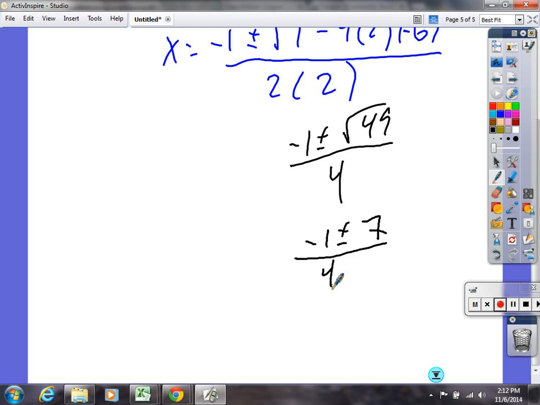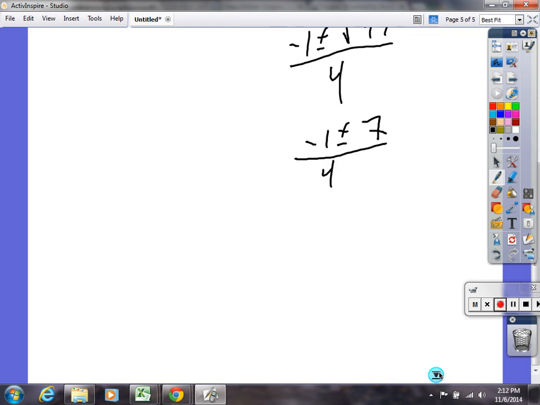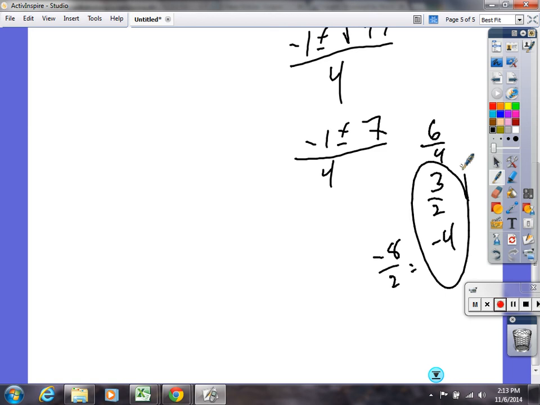And then, just like you did, Cade, you went negative 1 plus 7, which is 6, over 4. So that's where the 3 halves comes in. Negative 1 minus 7 is negative 8 divided by 4 is negative 2. There's my answers.